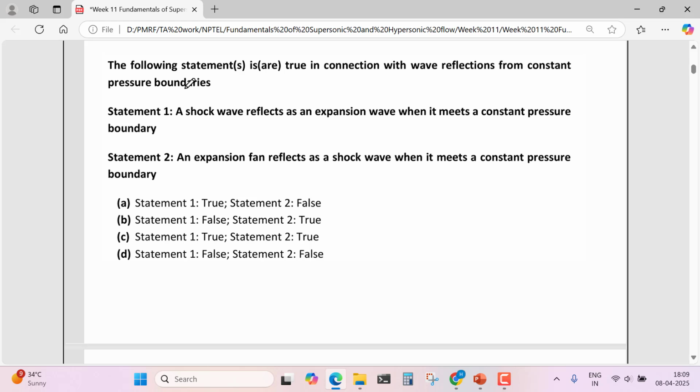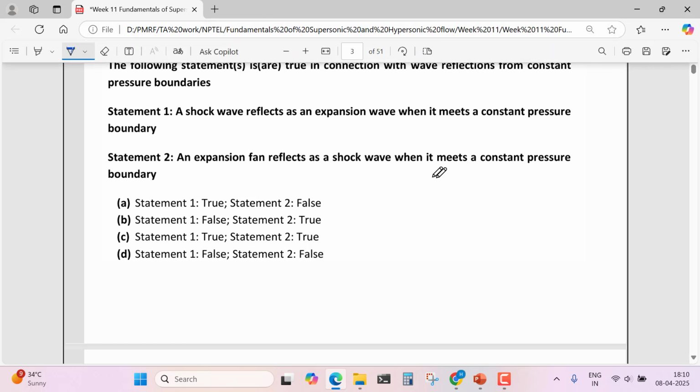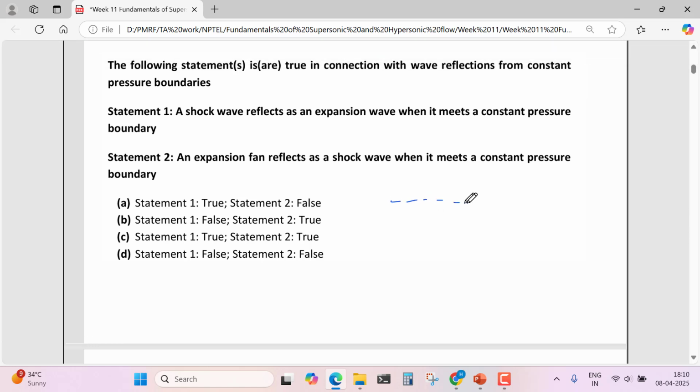So in this problem we have two statements and we have to tell which one is true and which one is false. In each statement, one wave is reflecting from a constant pressure boundary. In statement 1, a shock wave is reflecting from a constant pressure boundary, and in statement 2, an expansion fan is reflecting from the constant pressure boundary. Let's say this is a constant pressure boundary and a shock wave is reflecting. What will happen to it?